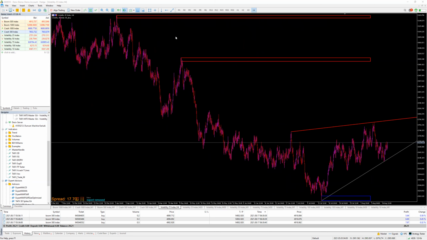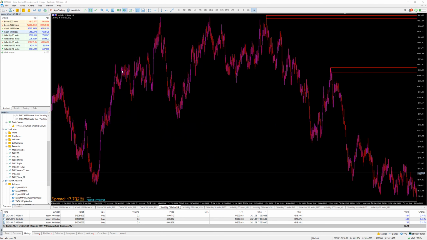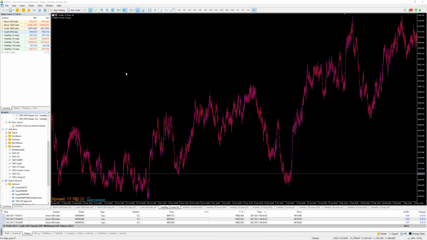It's very simple using our SUPDEM, because our SUPDEM always identifies the strong zones where there is strong support or resistance. And this will depend on you, on which zones you want to trade.